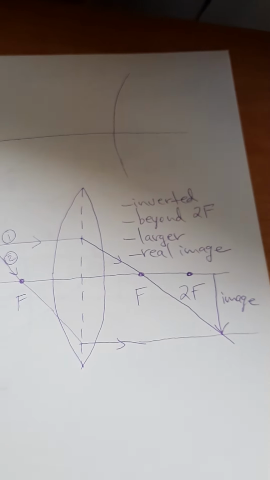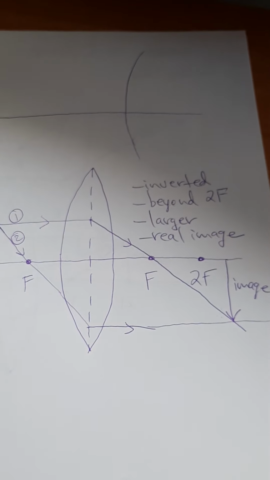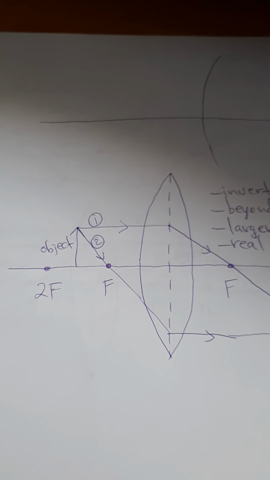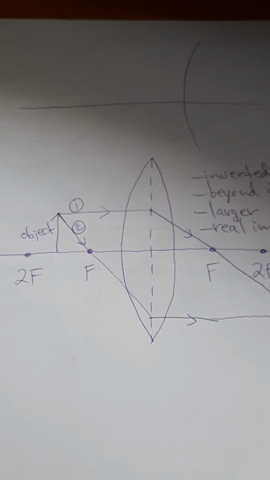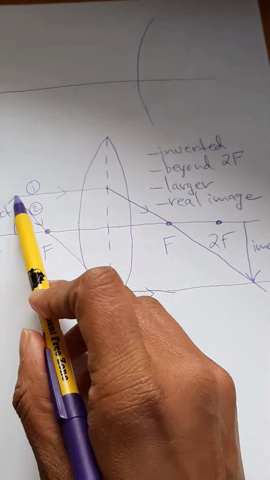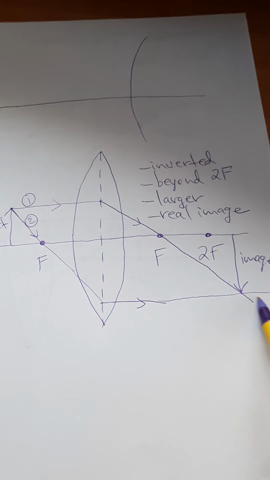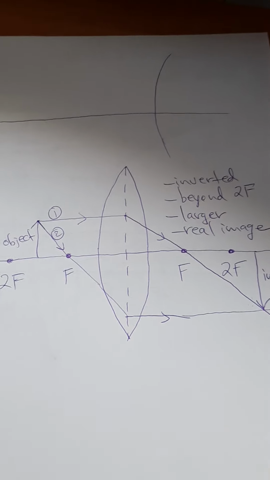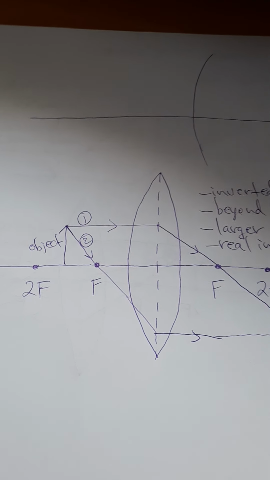So I hope everyone understands how to draw the ray diagrams. And make sure that you're drawing only these 2 ray diagrams with the 2 rays here. And the third one, again, it just goes through the center here, and then it should basically be going straight through the convex lens.